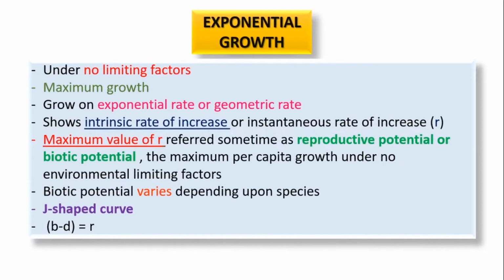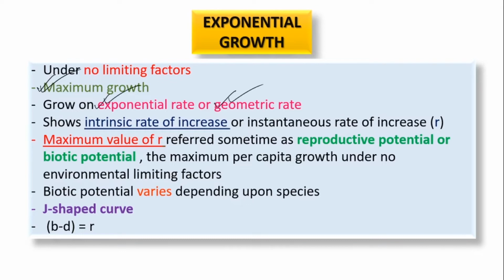So what are the features of the exponential growth type? Here environmental factors do not limit the population growth. That is why the population will show maximum growth, and here the population grows on either an exponential basis or a geometric basis.